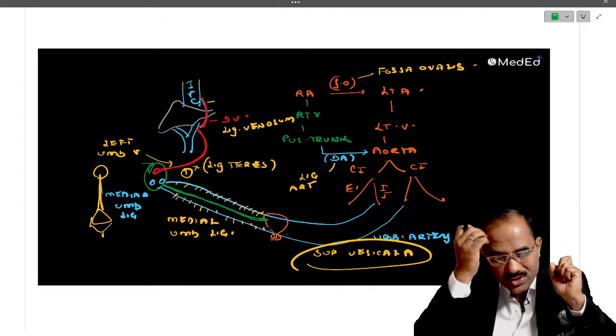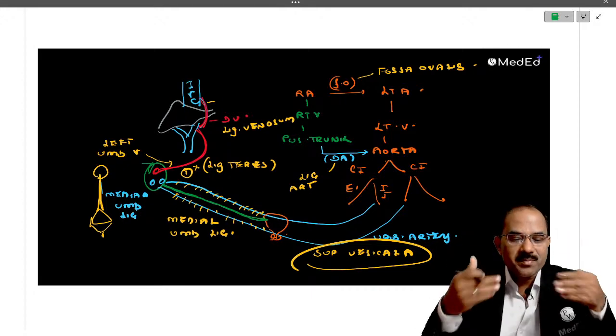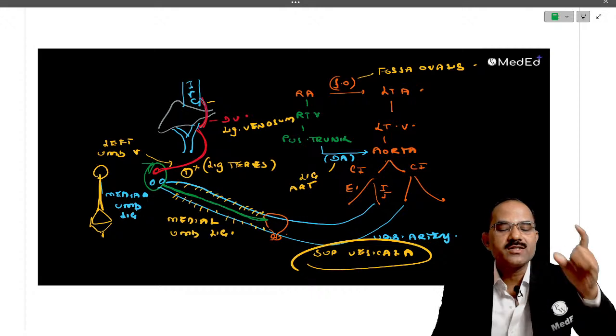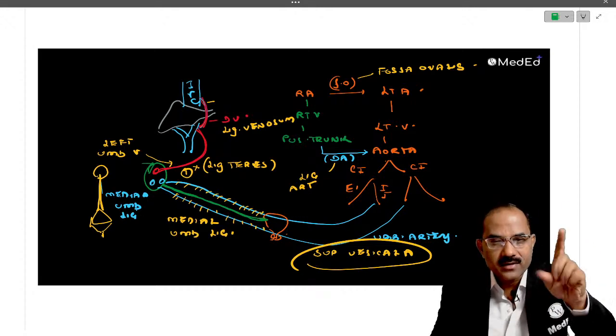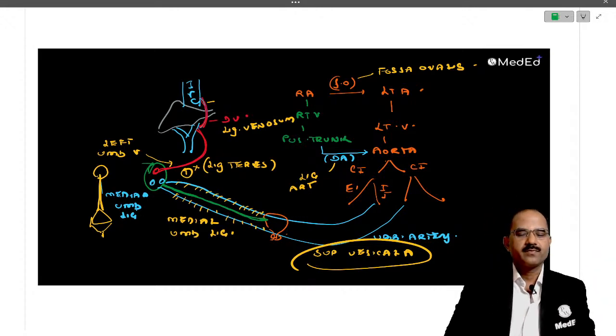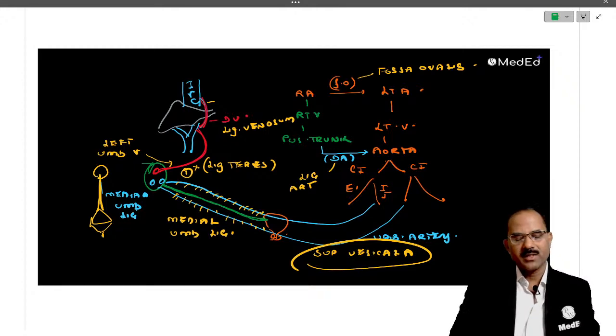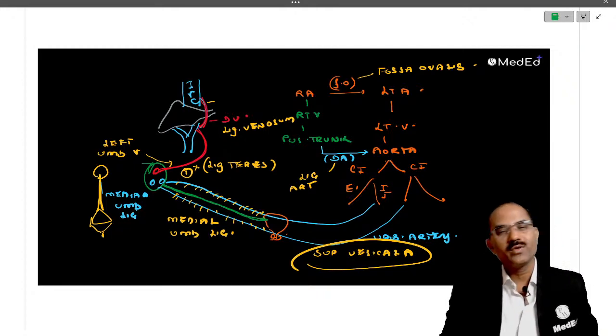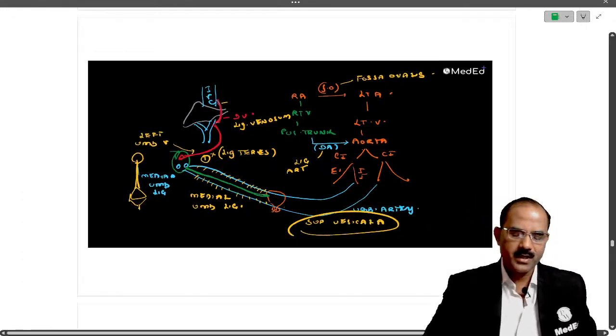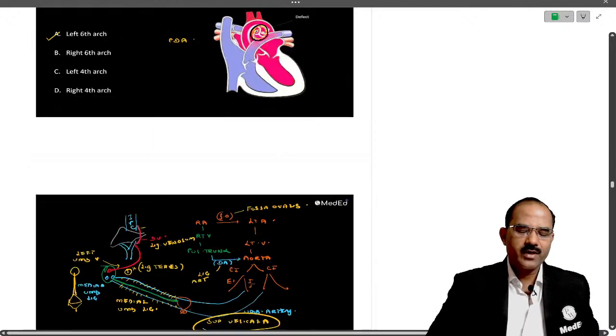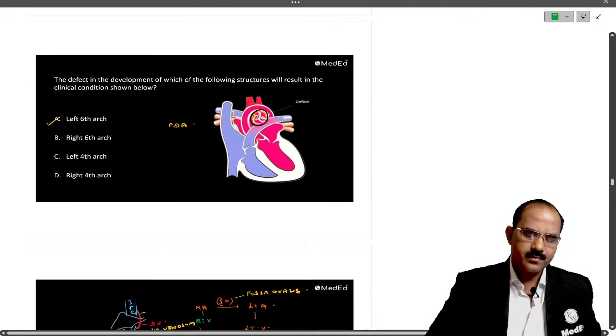This was an MCQ. Crying umbilicus or weeping umbilicus is due to persistence of the urachus, a urinary fistula. Very good.